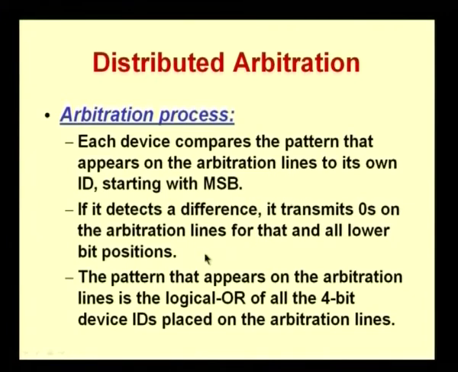The same thing will be done by all the devices, and of course, the pattern that appears will be the logical OR of whatever each device is putting out. Each device will also compare its ID with the pattern that is there on the arbitration lines. The one that matches the arbitration line pattern is said to win the bus, or get access to the bus. We will take a simple example to clarify this process.